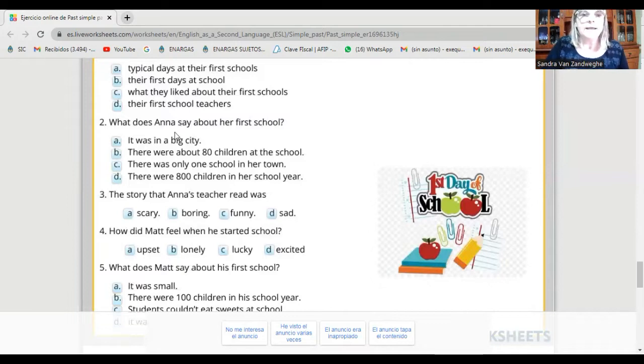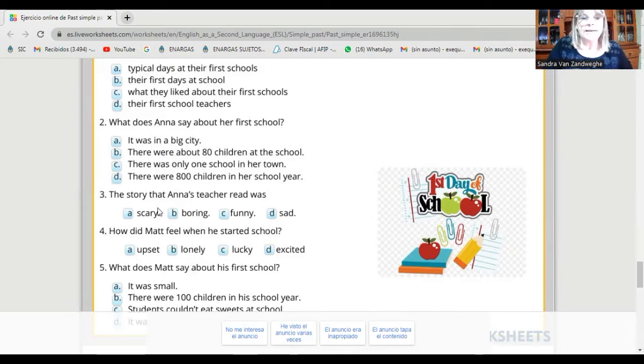Lo otro que tienen que prestar atención es what does Anna say about her first school? ¿Qué dice ella? It was in a big city. There were about 80 children at the school. There was only one school in her town, or there were 800 children in her school year. 3.